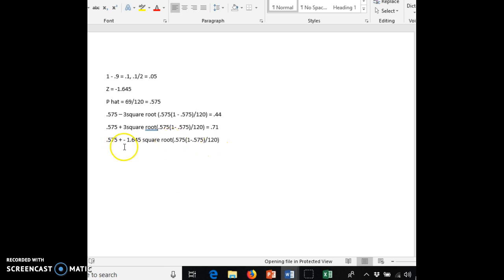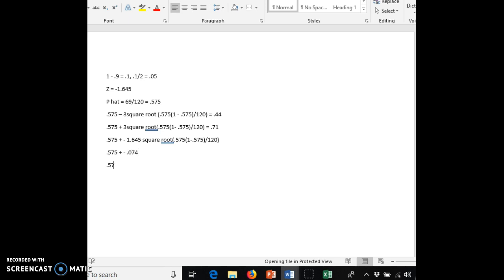All right, so as I've done before, I'm going to do the entire right side of my plus and minus. So the 1.645 times the square root of 0.575 times 0.425 over 120. And when I put that into the calculator, I get 0.074.